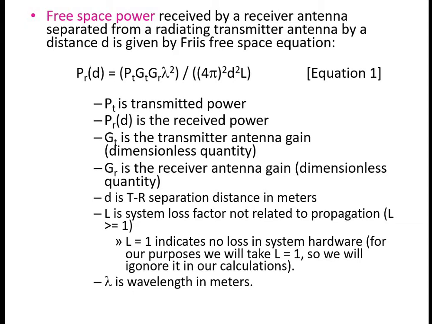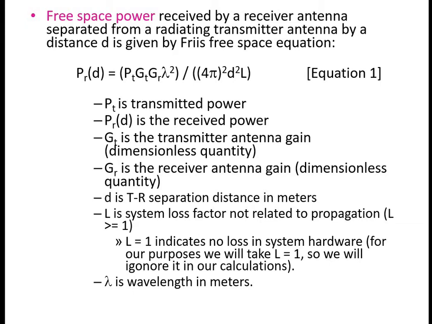The radiation will be spherical, so the gain will be constant in all directions. But for the most widely used dipole type of antennas, only in a particular direction will the gain be maximum.